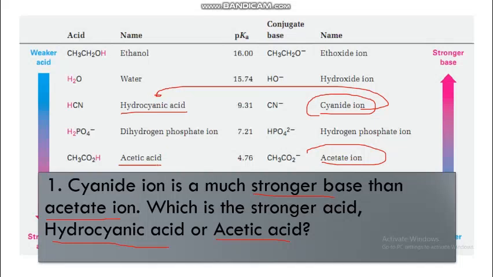So acetic acid has a stronger acid strength, so it has a weaker base. So in this problem, the stronger acid would be acetic acid, since its base is weaker than the conjugate base of the hydrocyanic acid. Okay.